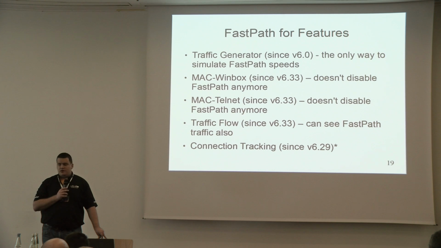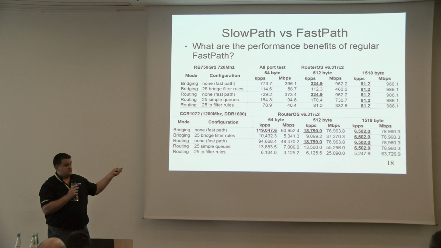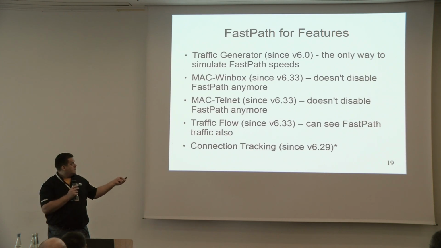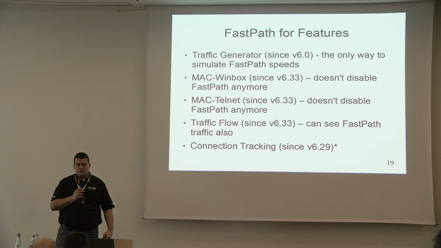So we decided to make our own traffic generator. It's a tool that allows you to make your own streams and test the device. And all these numbers over here, you can take 2 more devices like these, run tests through, and you will get exactly the same numbers with the traffic generator. So it's easy and repeatable, if you don't trust that table.